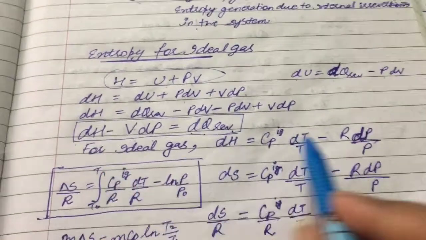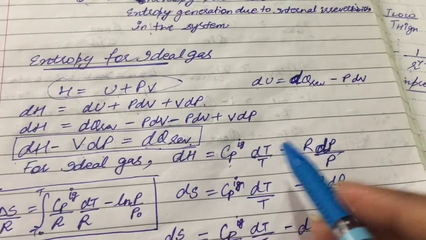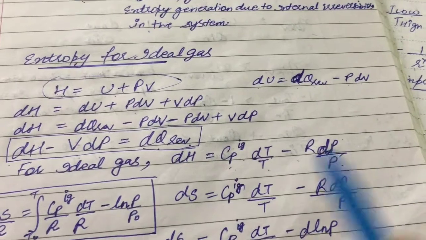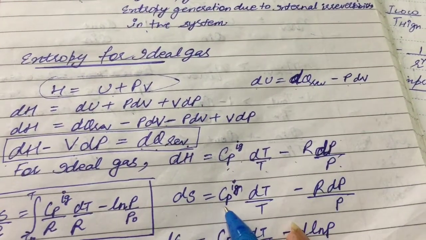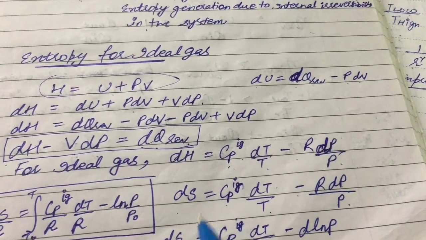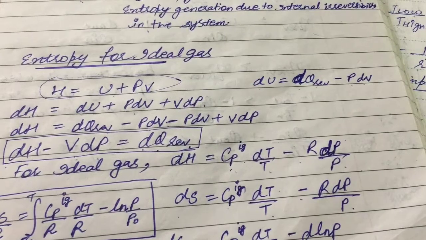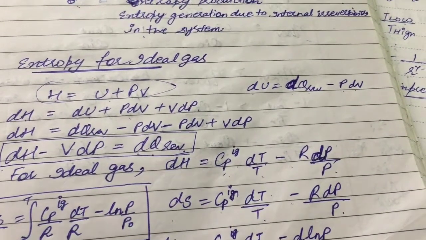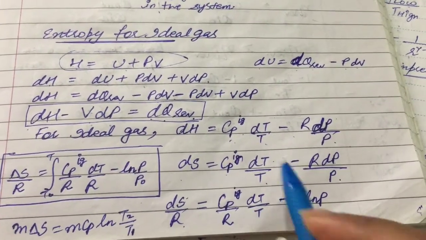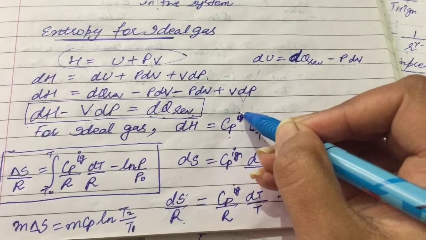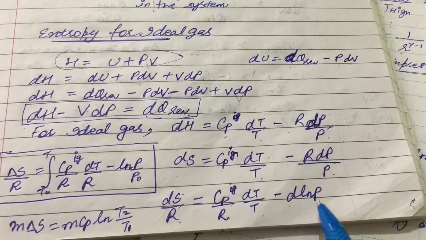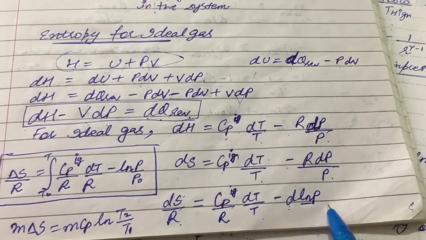For the case of ideal gas, ds is Cp dT by T minus R dp by p, and ds by R, that is change in entropy by universal gas constant, would be equal to Cp by R dT by T minus d ln of p.